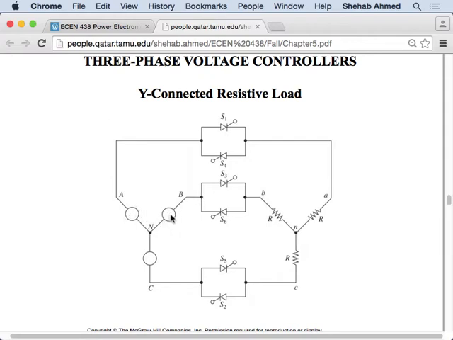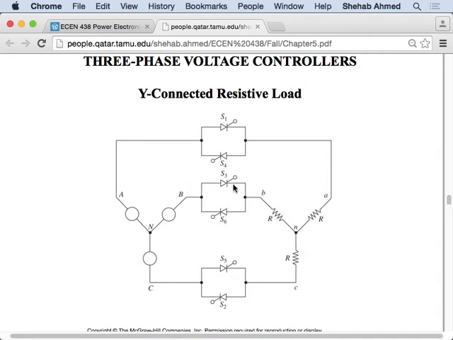If VA and VB are equal and phase shifted by 120 degrees, then I have the VAB voltage source. So I put this line voltage across these two resistors. S1 is on and S6 is on, so this VAB voltage is applied across these two resistors. So it's VAB divided by 2 that is applied here or here, when S1 and S6 are on.